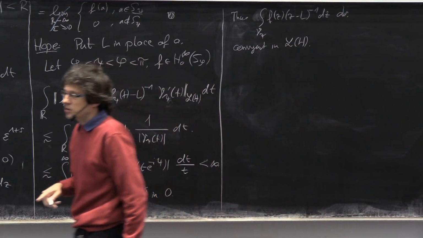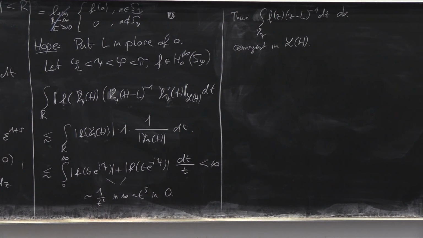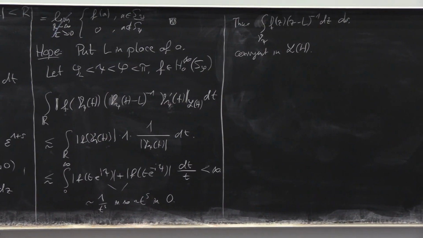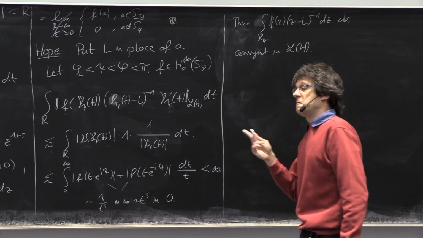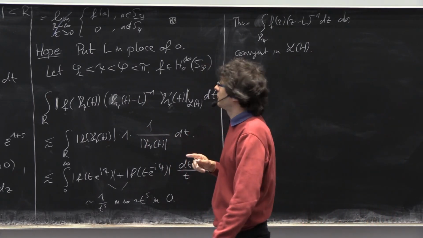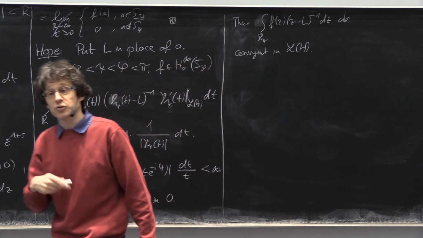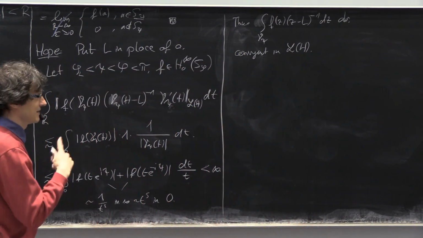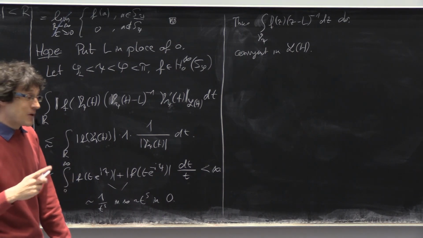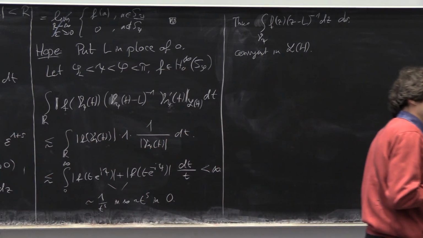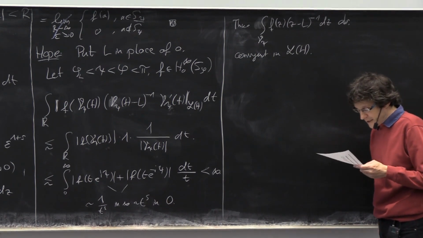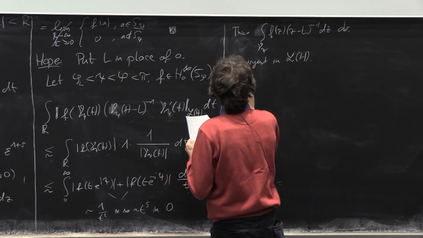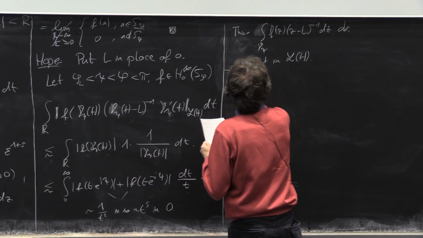One thing that one still has to check, but this follows from Cauchy's integral theorem in L of H, is that this construction does not depend on the angle psi. We chose some angle psi between the sectoriality angle of L and phi, and somehow psi might influence the result. It does not, as usual for these Cauchy integral theorems and formulas. It is not important where exactly the path is, but that it nicely surrounds the problematic points. But once one has checked that, we can now define what we mean by f of L.